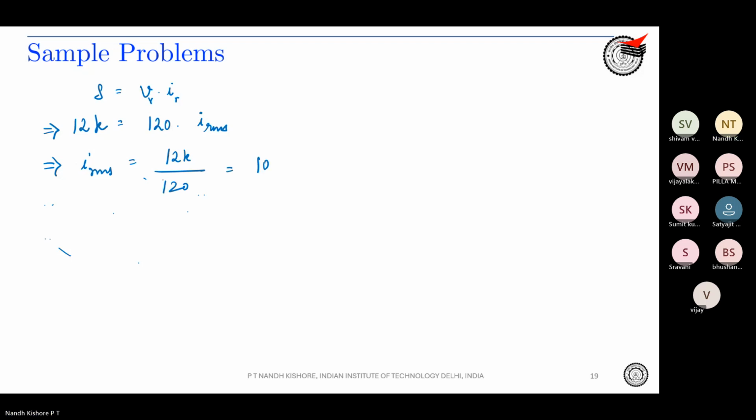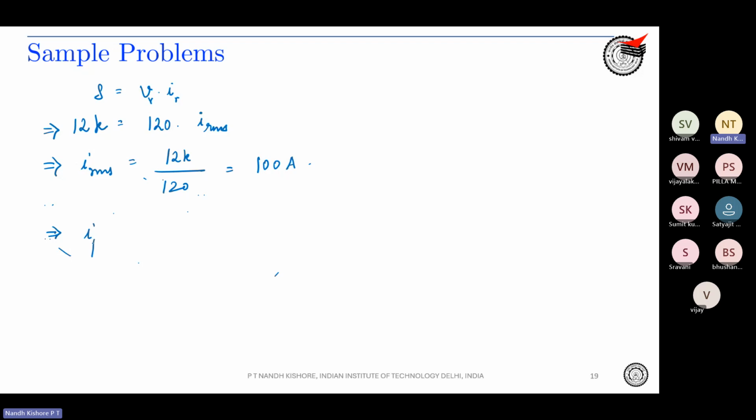S is equal to V into I, so V RMS is 120 into I RMS. So I RMS happens to be 12K by 120, which should give you 100 amperes. This is my I RMS.